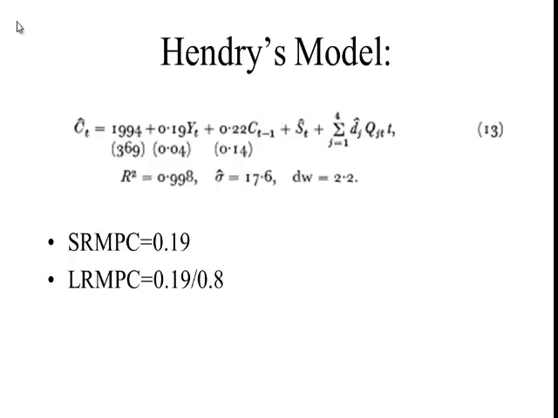So the sigma hat is 17.6. Durbin-Watson is 2.2, which is close to 2, which is no autocorrelation. But as we have said, the Durbin-Watson is not a good test, A, and B, this model doesn't qualify because it has lagged consumption. So Durbin-Watson is biased.